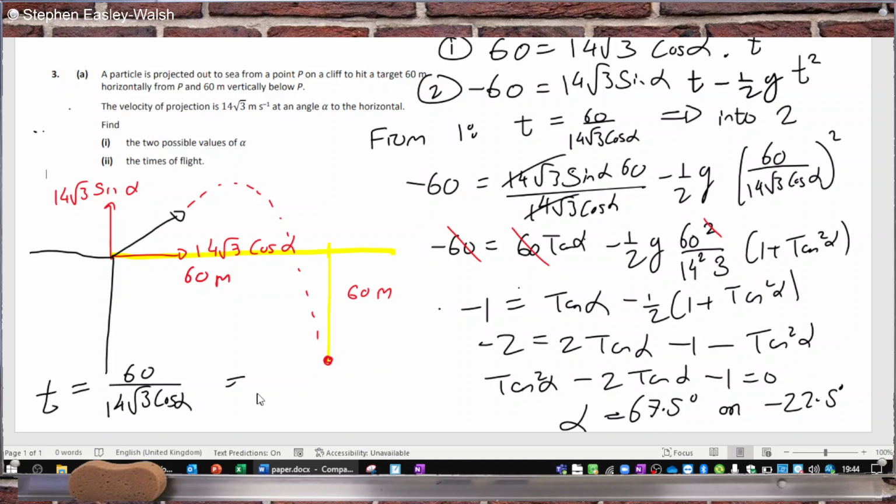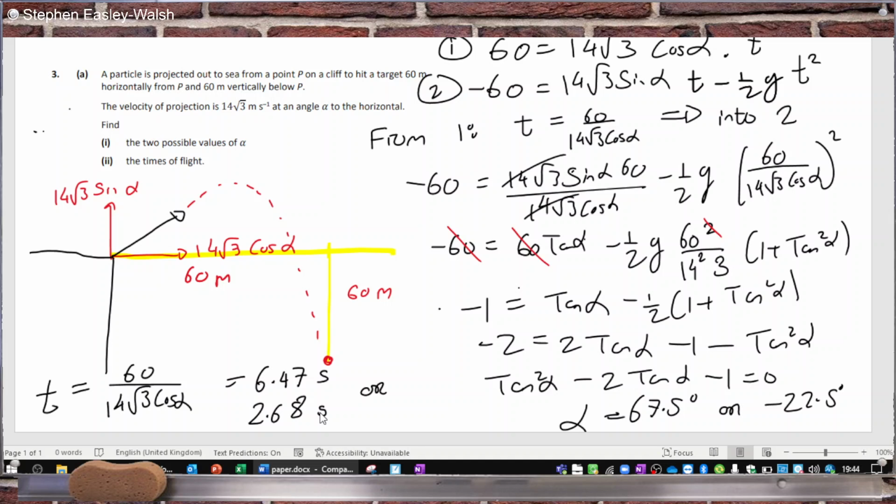So, sadly it's a decimal, 6.47 seconds, or 2.68 seconds.